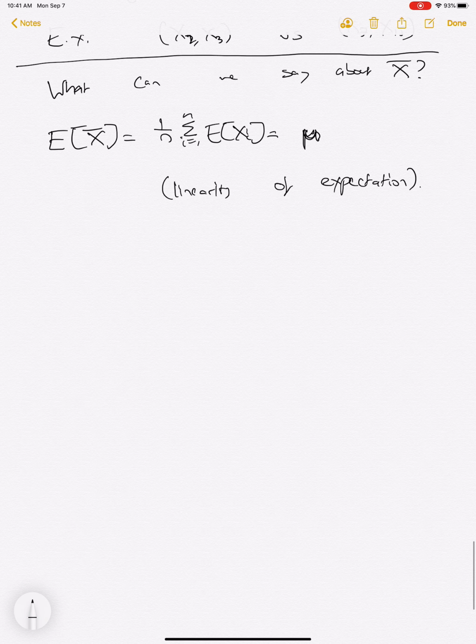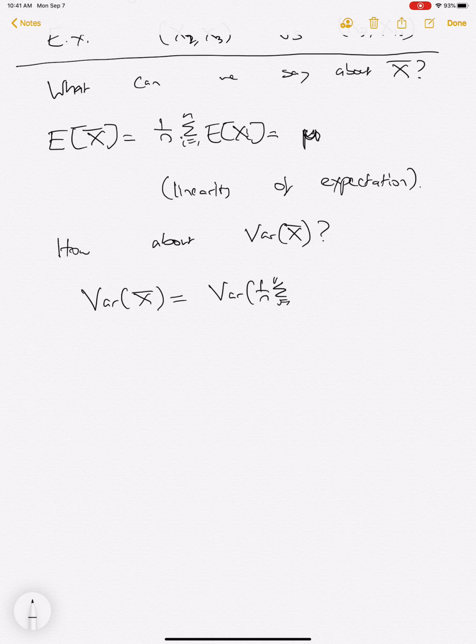Now we'll see that the variance of x bar is going to be a more challenging scenario because we don't have independence anymore. What we would typically do, as in the independent random sampling case, is take out the 1 over n squared as we did before, and then take the variance of the sum.